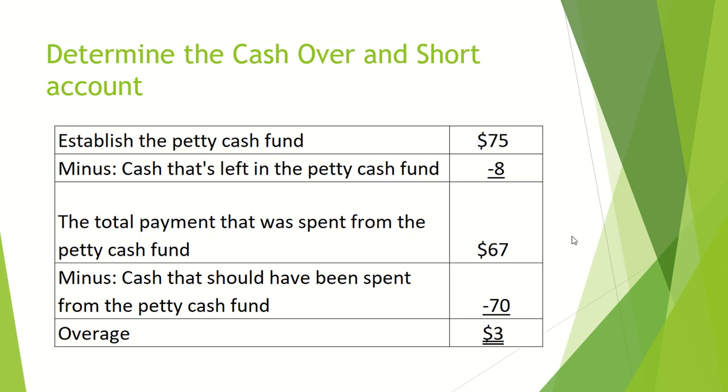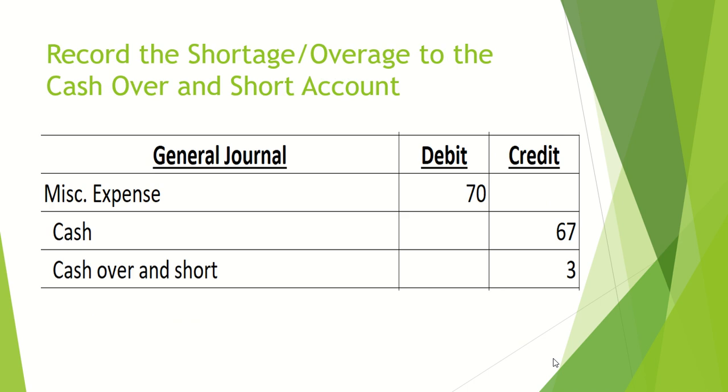That is the amount that was spent from the petty cash fund. So this is what was actually spent, which differs from the report that shows we spent $70, quote unquote. So the overage is $3. We need to account for this $3 in the company's books, because this is an overage which is going to reduce the expense account.